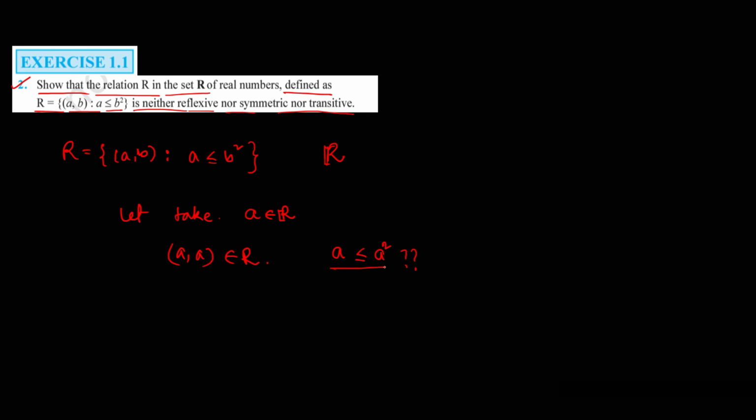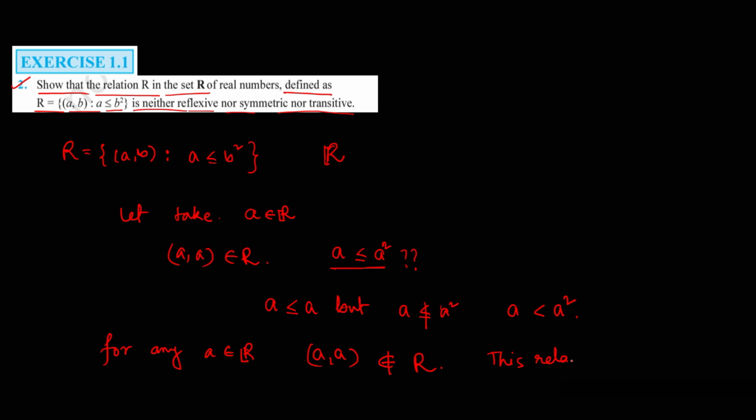This is a false statement, because A is not less than or equal to A square; A is strictly less than A square. This is why for any A belonging to R, (A, A) does not belong to relation R. That is why this relation R is not reflexive.